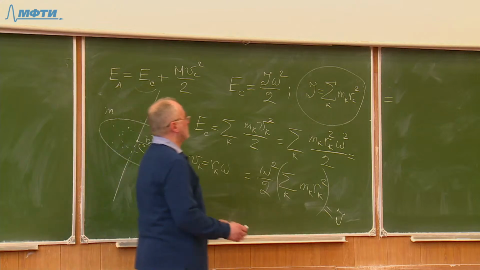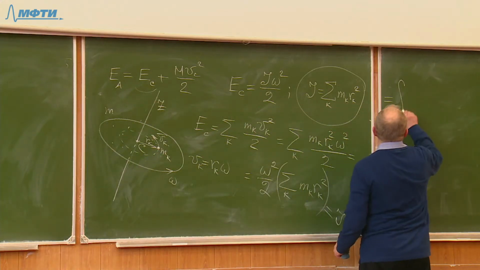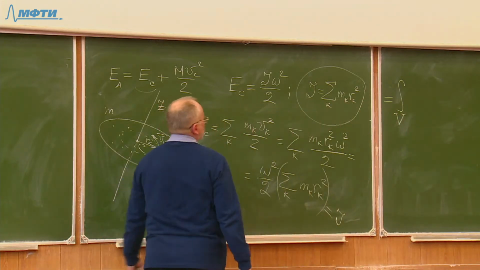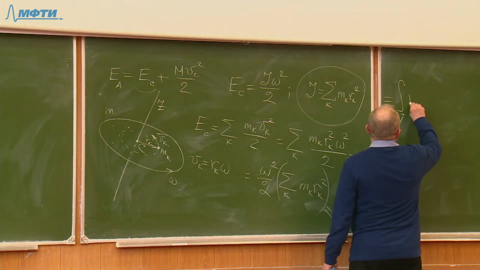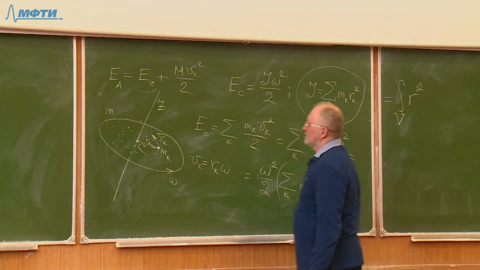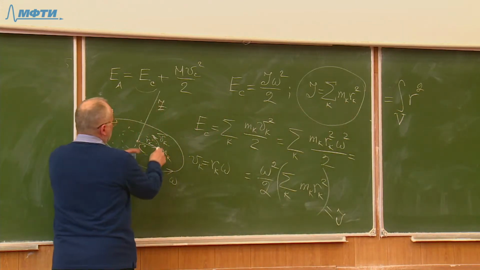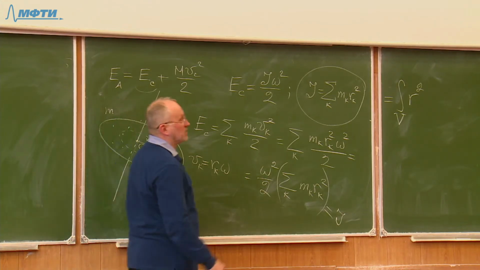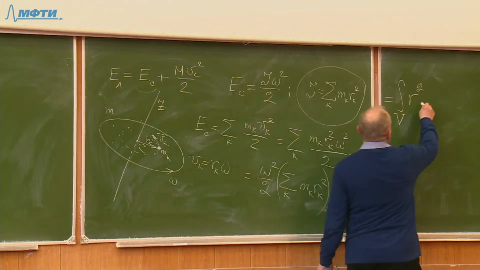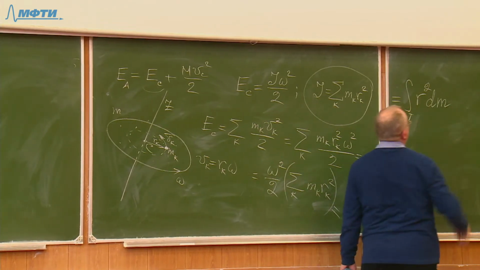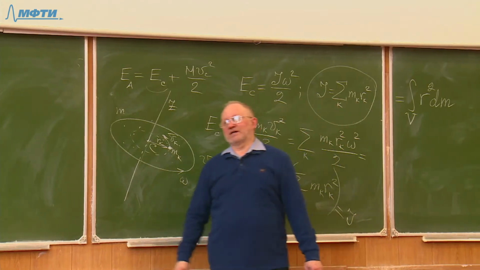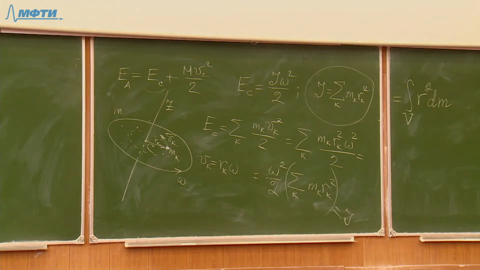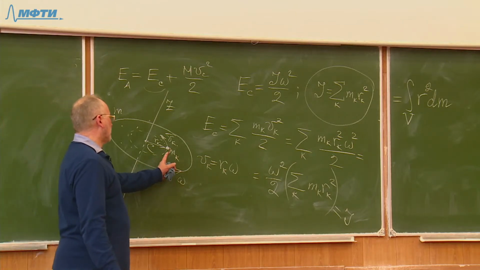Then, in this case, the sum will turn into an integral taken over the volume of the body, and under the integral there will be r squared, that is the radius squared, times the mass of the small part of the body. The small part of the body will have a very small mass, so that will be dm, a differential of mass, an infinitely small mass of an infinitely small volume of this body.